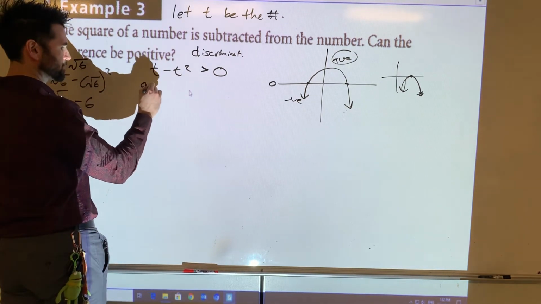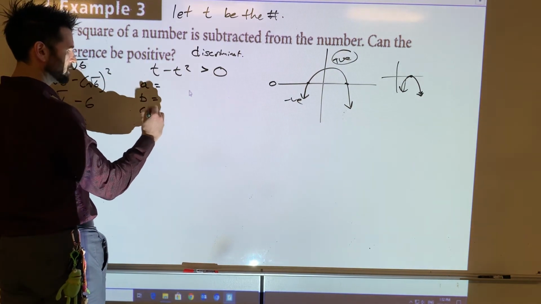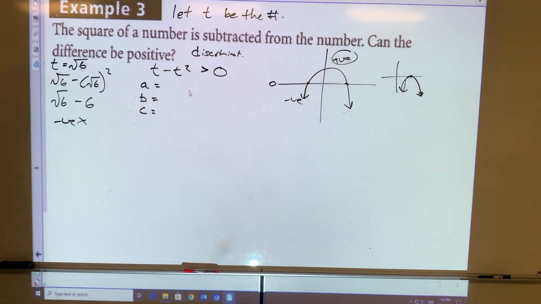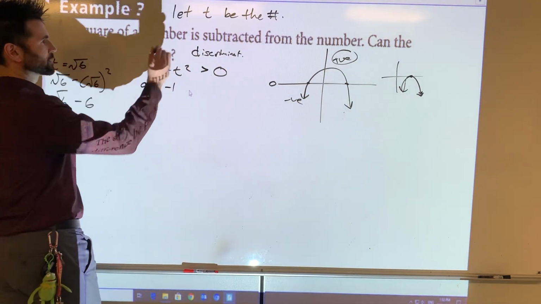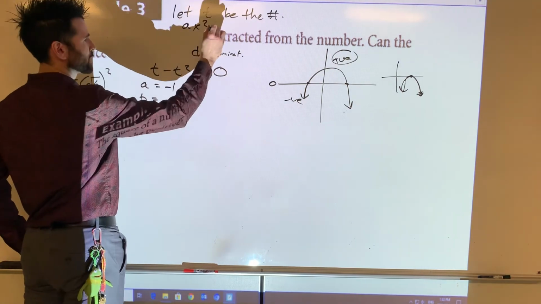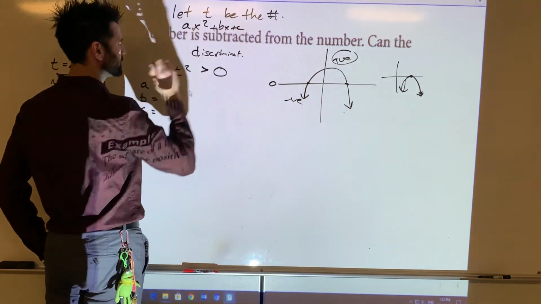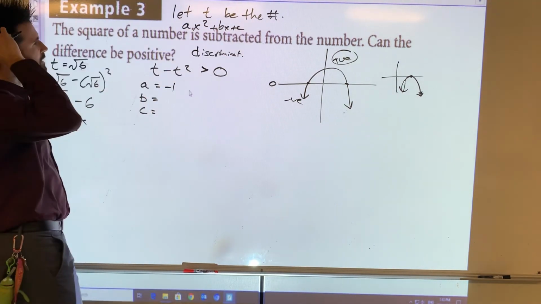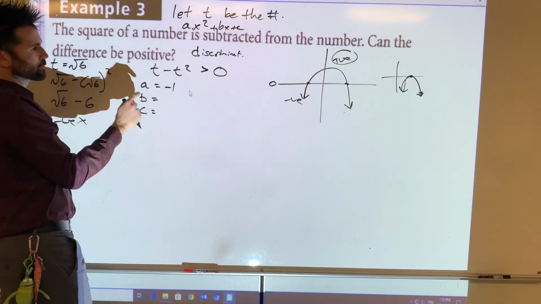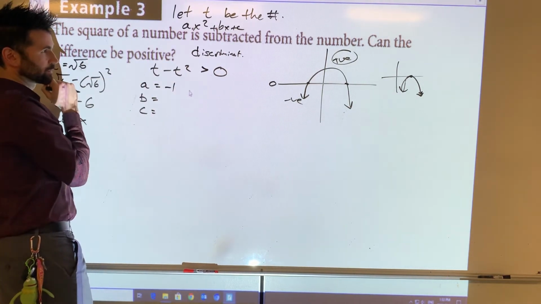So what's my value for A, B, and C? -1 is A, right? Because it's ax squared plus bx plus c. Now we have everything on one side of the equation, so that's good. What's my b term?